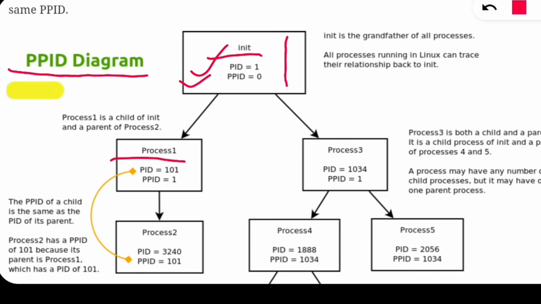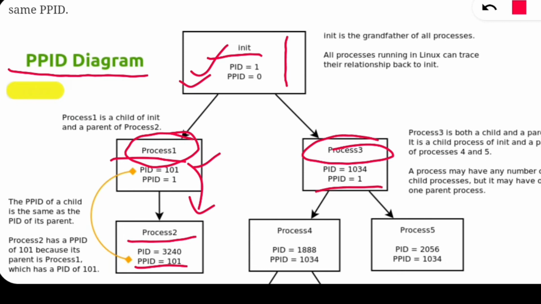For process 1, the PID is 101, and process 2 is a child of process 1, so its PPID will be 101. So PPID 101 means it refers to process 1. Process 1 is the parent of process 2, so automatically the PID of process 1 will be the PPID of process 2. Similarly, process 3 follows the same thing.